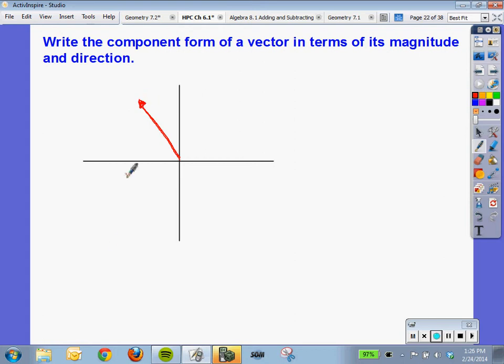We're going to call that vector V, and vector V has a certain magnitude, which is denoted with the V with the lines around it, right? Kind of looks like absolute value, but it literally just means the distance of the vector, okay?